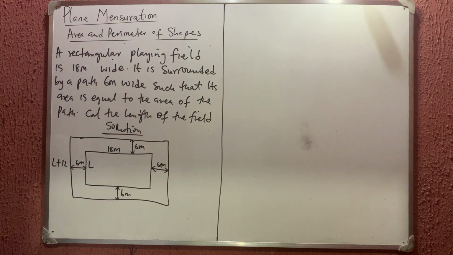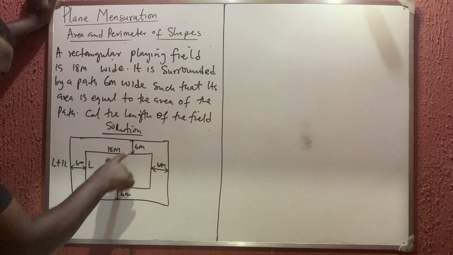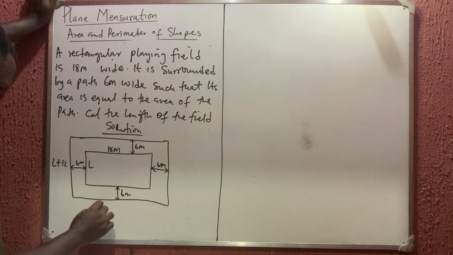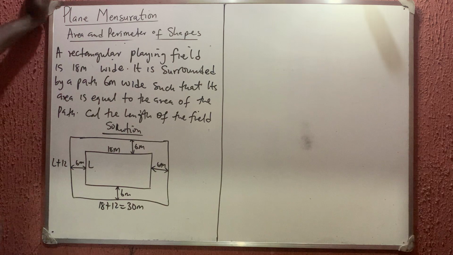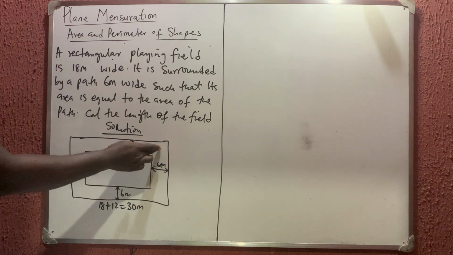For this side, we say 18, which is this side, plus this part and this part. 18 plus 12 gives us 30 meters.